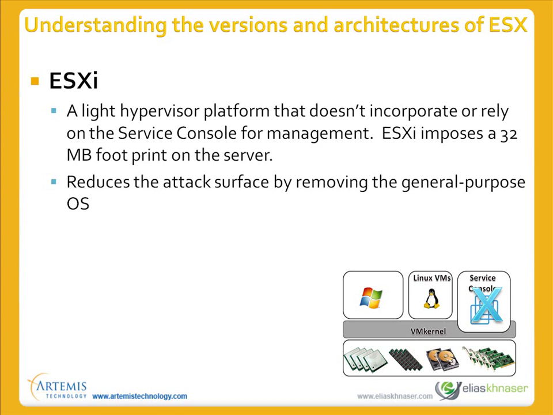And the reason there is no service console is because a lot of complaints came in, such as: we want to install an antivirus in the service console. A lot of people were worried about what if there's a vulnerability found in the service console that can be exploited. So what VMware did is it completely removed the service console. It removed that surface of attack. So now there is no service console, so there is no way to get any kind of attack against something that doesn't exist. That's the purpose of ESXi.